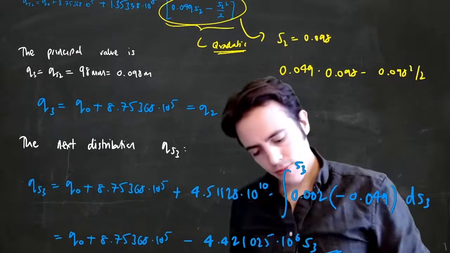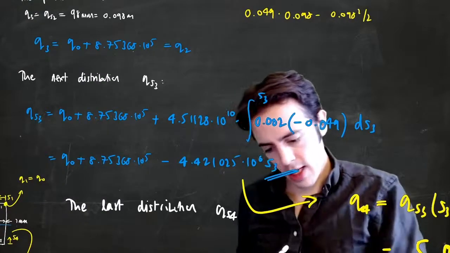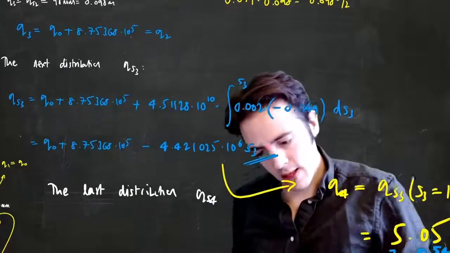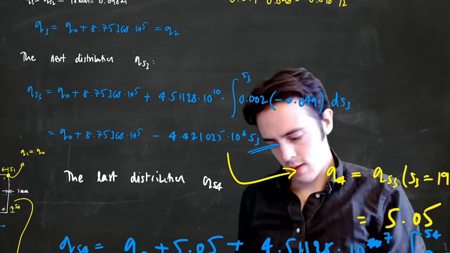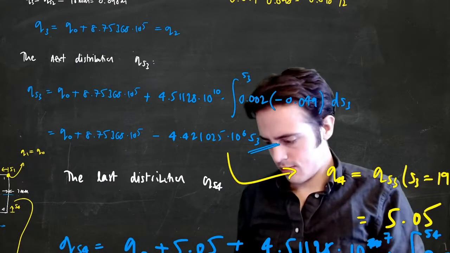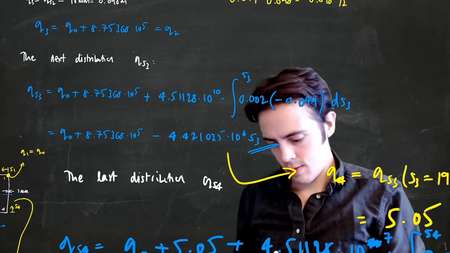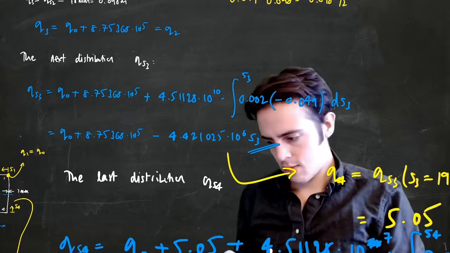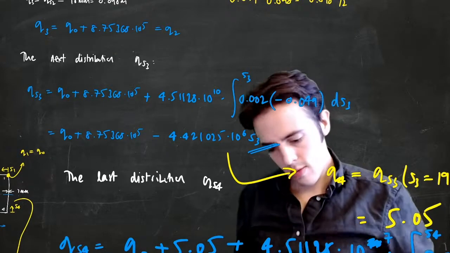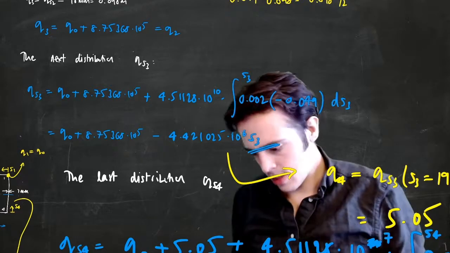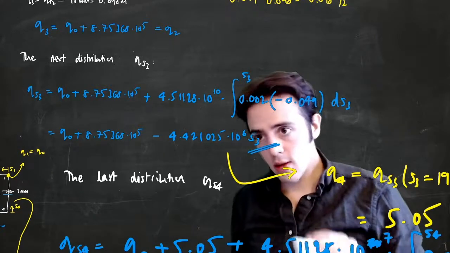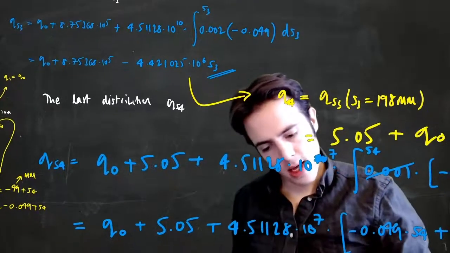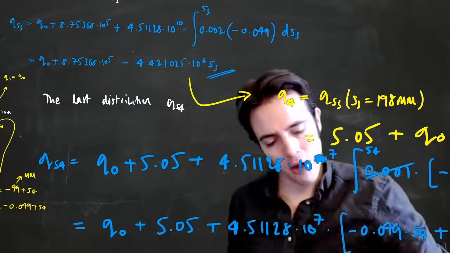This number here, let's just check where I've gone through with these. Have I copied this number down correctly? 4.51128 times 10 to the 10. Right, this number here is incorrect. Okay, this number here is wrong.